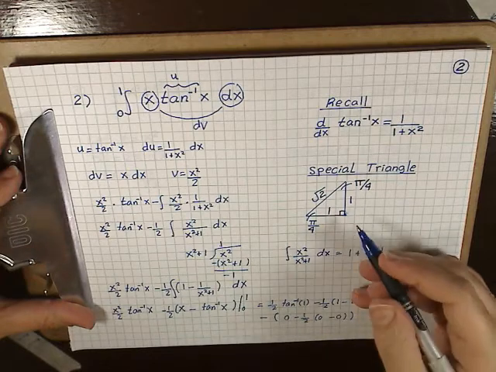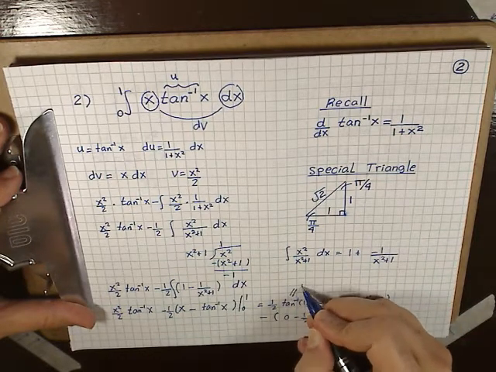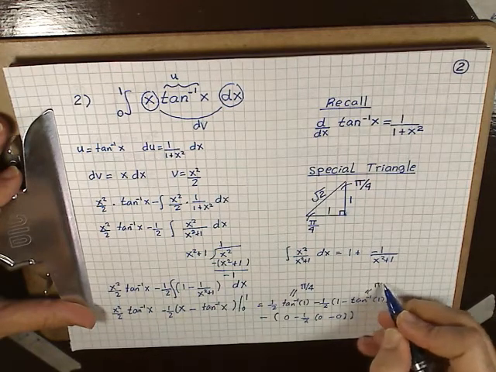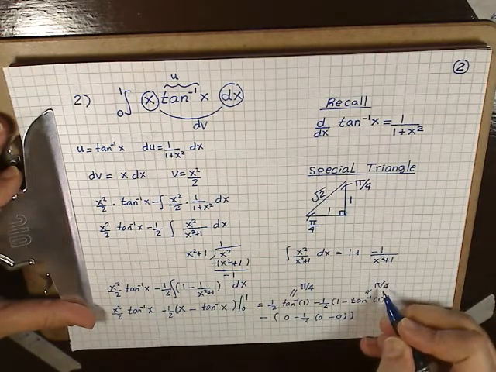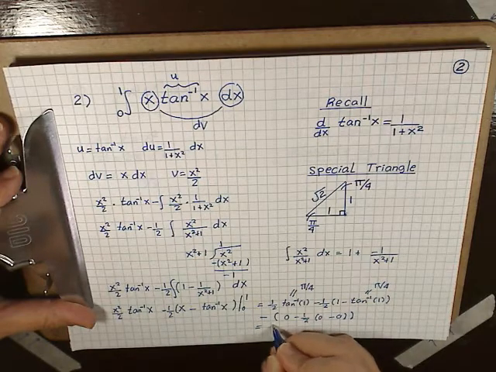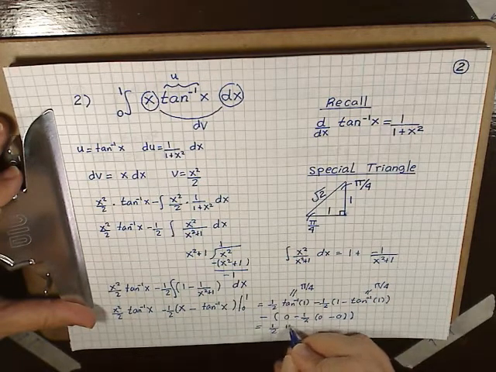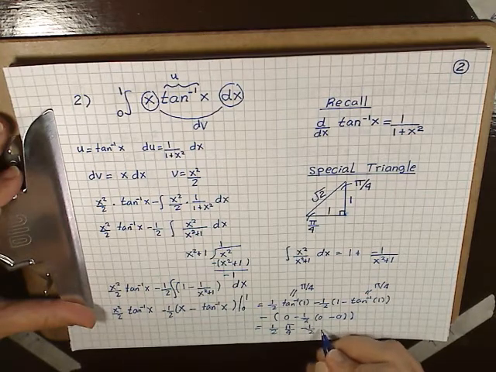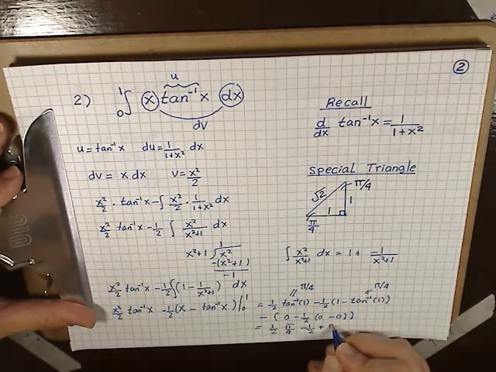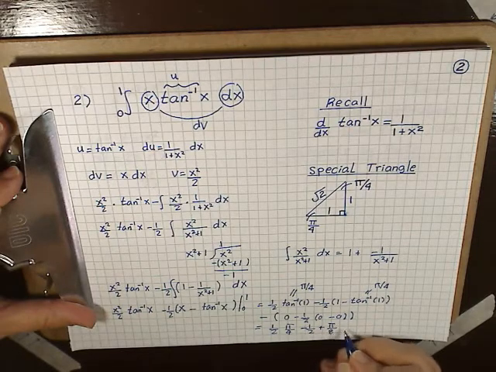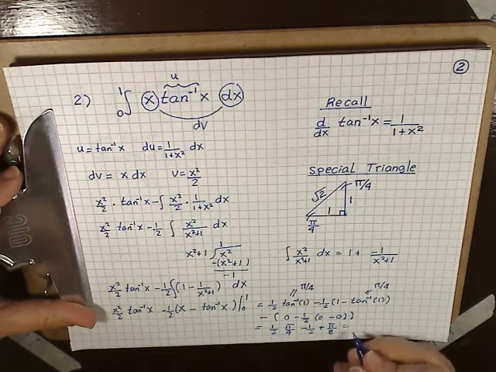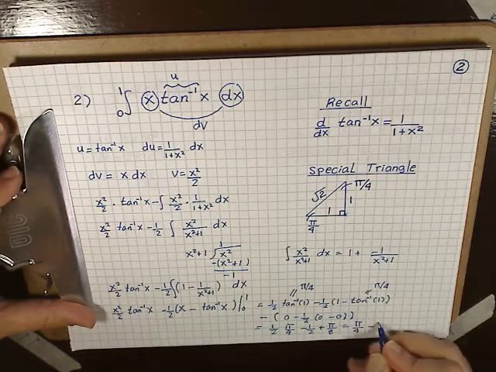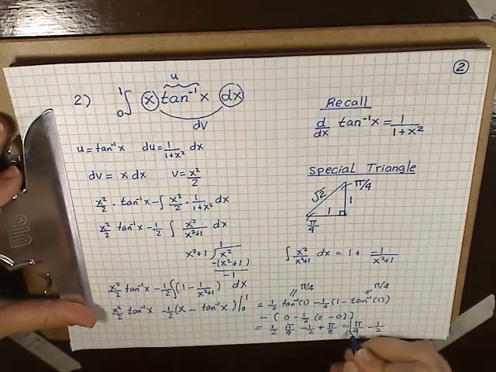Now from the special triangle, tan inverse of 1 is just pi over 4. So the result is 1 half pi over 4 minus 1 half plus pi over 8. So that's pi over 8 plus pi over 8, that's 2 pi over 8, that's pi over 4, minus 1 half. That's the answer.